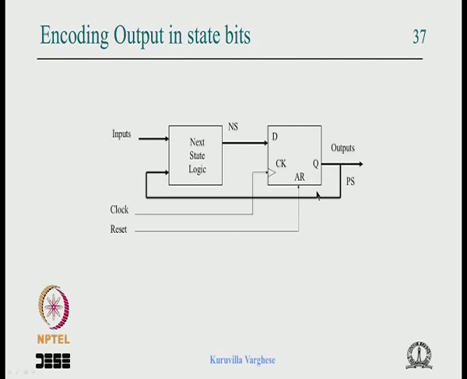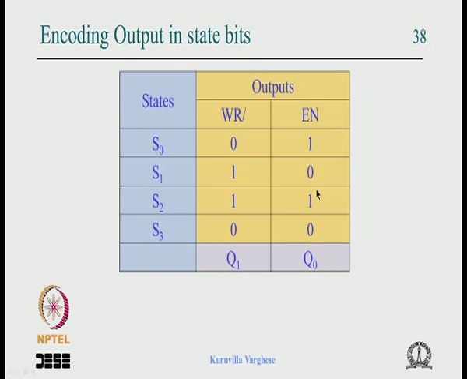But at least we have seen that when the number of outputs equals the number of flip flops, and the pattern is unique for each state, we can straight away use one flip flop for one output and another for the second output.